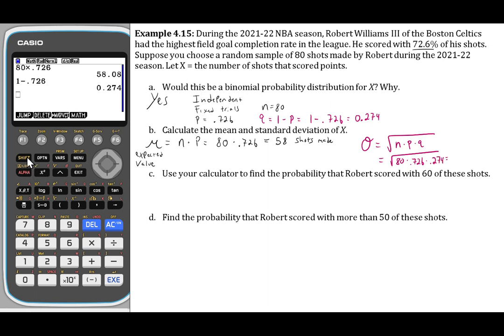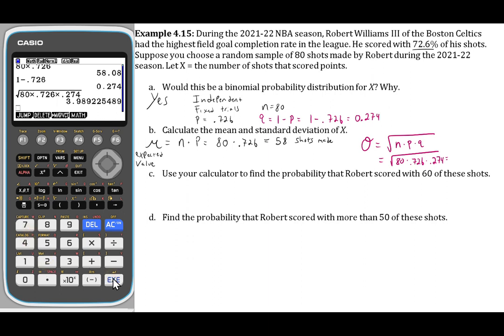To type this into the Casio calculator, we use the square root symbol, which is above x squared. So hit shift and then x squared, and type all these values in: 80 times 0.726 times 0.274. Essentially this is 3.99, which is close enough to 4. That's how we can find the mean and standard deviation for a binomial experiment.